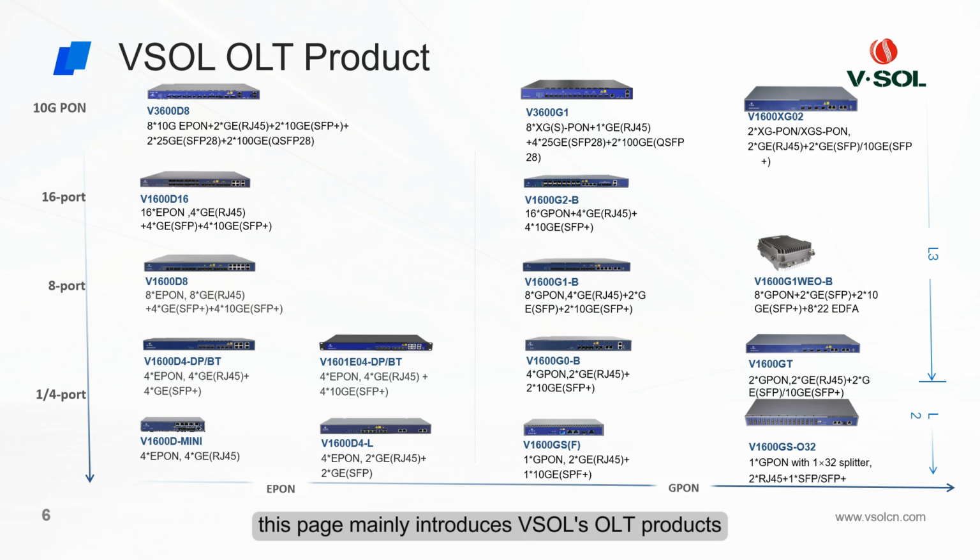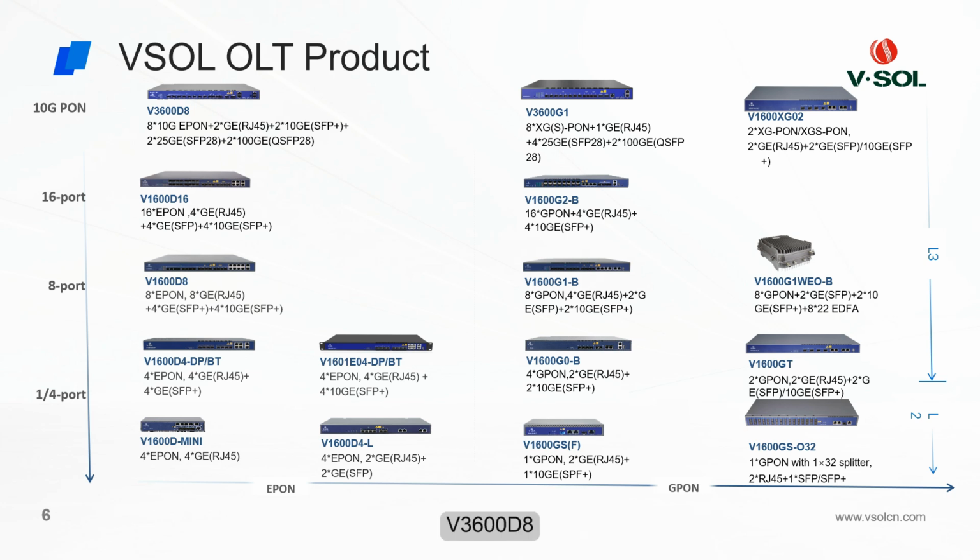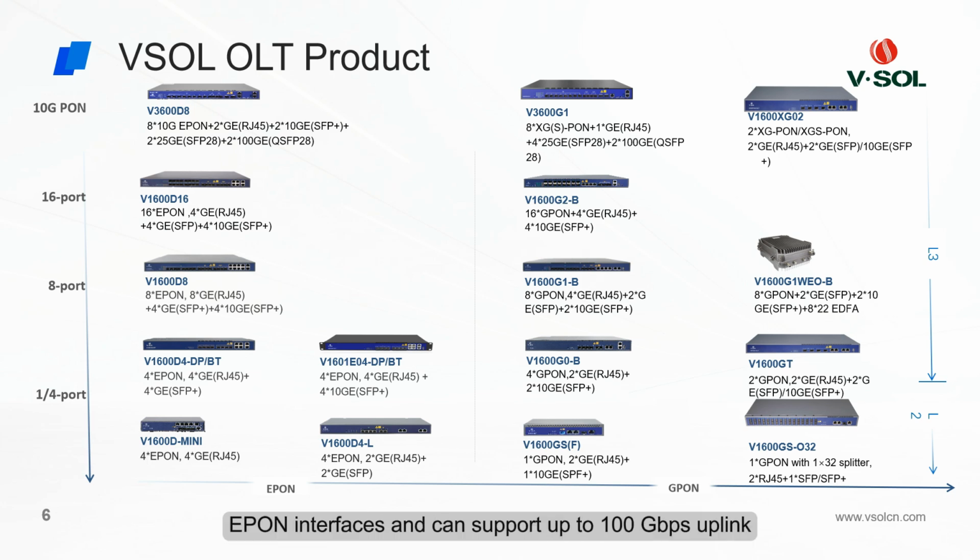This page mainly introduces VSOL's OLT products, which, as can be seen from this picture, are mainly divided into 10G-PON OLT and EPON-GPON OLT. At present, there is only one 10G EPON OLT, V3600D8, which provides 8 10G EPON interfaces and can support up to 100 Gbps uplink.